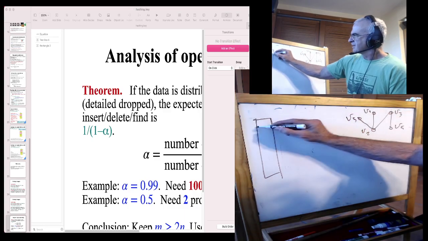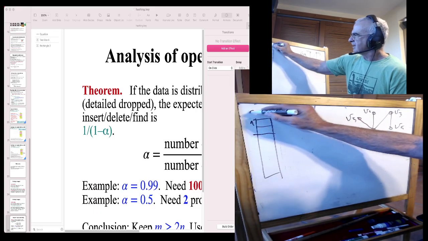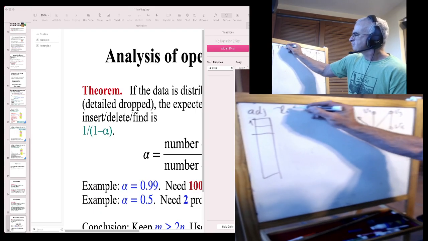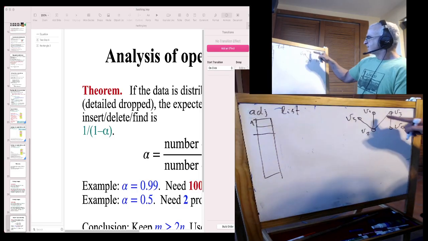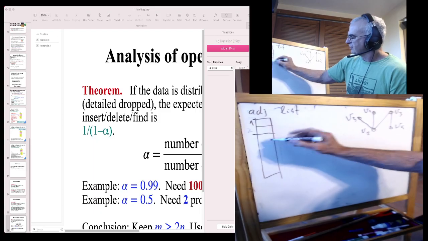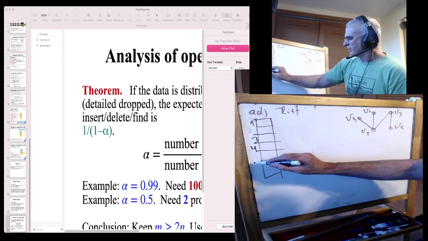Then in this list, I have an entry for vertex 1, I have an entry for vertex 2, 3, 4, and 5.